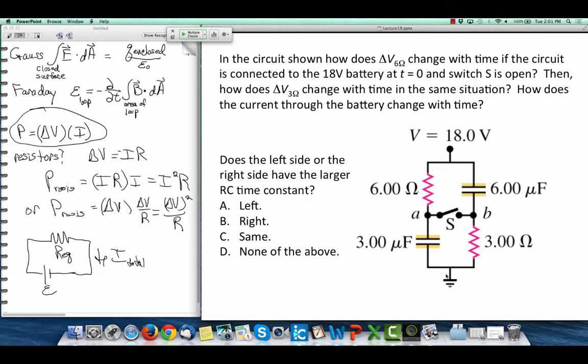Ground, you can identify anything you want as ground. Remember that voltages are electric potential, and we got them from electric potential energies. And electric potential energies, you can set the 0 of the electric potential energy anywhere you want to, just like any other potential energy. The gravitational potential energy, 0 could be here, or 0 could be here, or 0 could be at the floor.